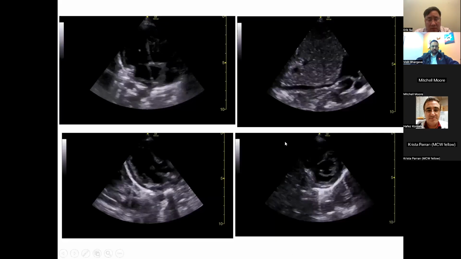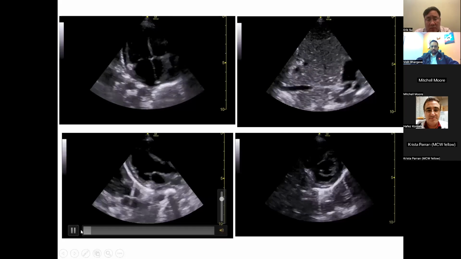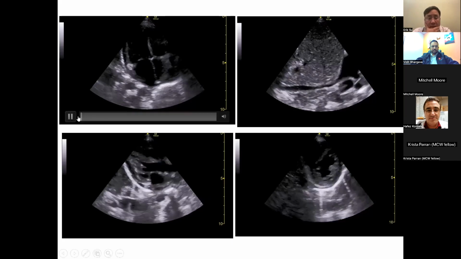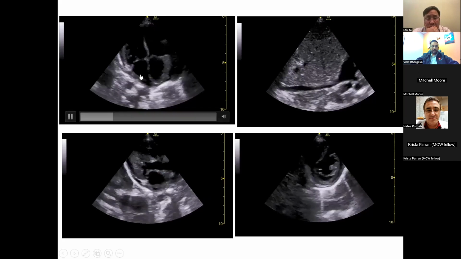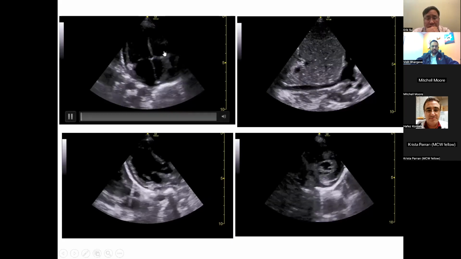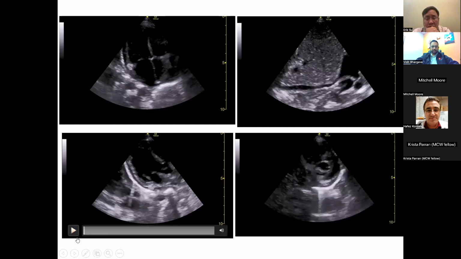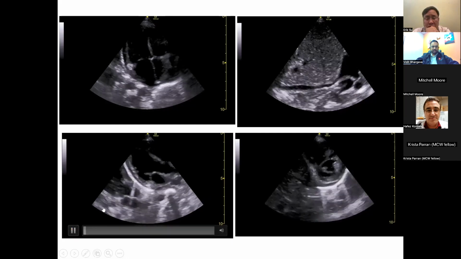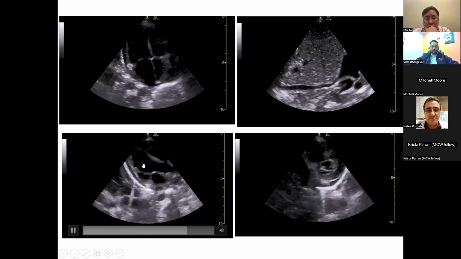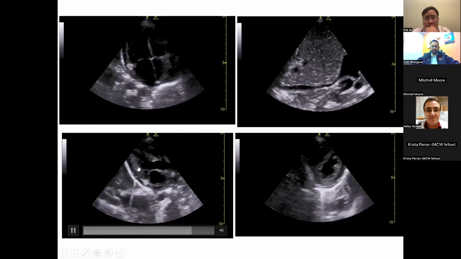Here are some images. These are our classical 3-4 views of the heart with the IVC. So here with this apical view, we can already see that the heart is quite hyperdynamic. There's a small pericardial effusion. Here's a parasternal long axis view, where again you can see that the LV systolic function seems to be just fine.